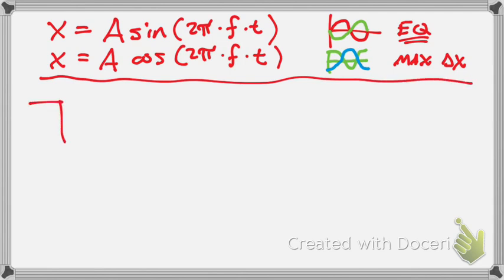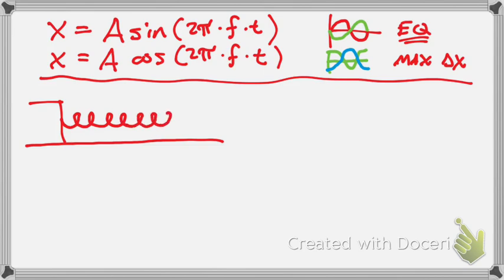Let's imagine we've got a spring attached to a wall, and it is stretched out to a maximum displacement with a block. The block is, let's say, 0.5 kilograms.